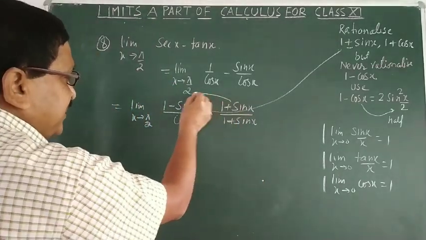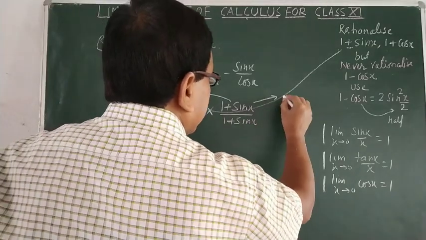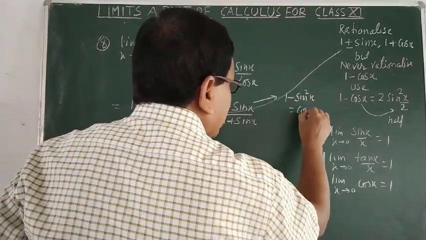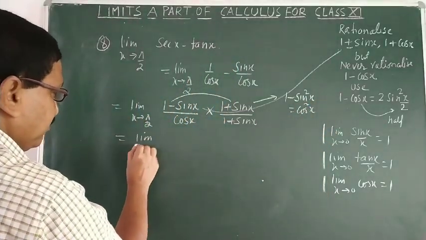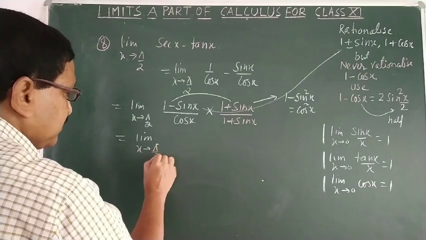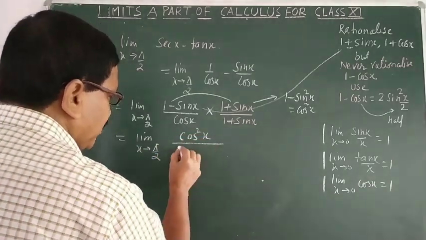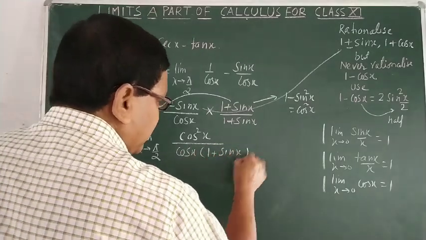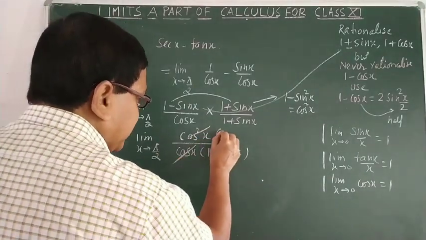Now when these are multiplied, a plus b into a minus b is a square minus b square, so this is 1 minus sin square x, which is cos square x. So we are getting cos square x by cos x multiplied by 1 plus sin x.